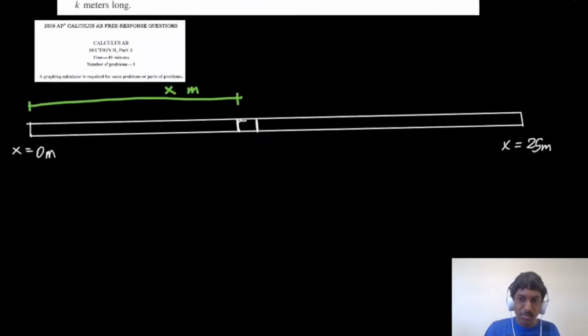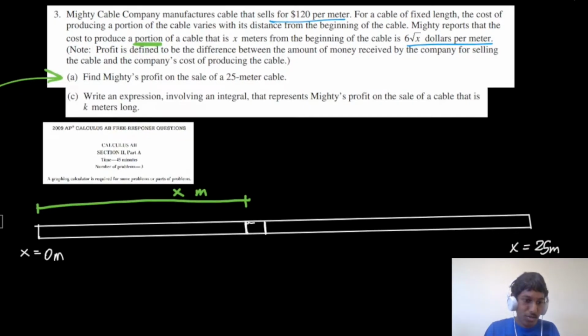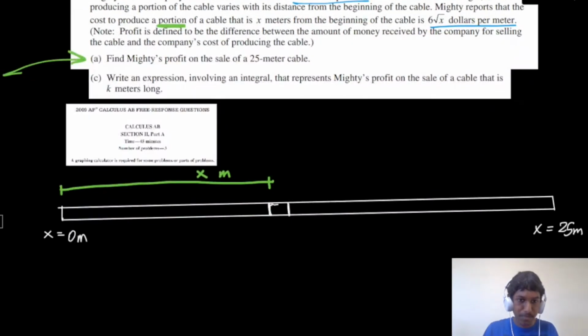And if it's 6 root x dollars per meter, you know that this function increases as a function of x from 0 to 25. And so you know that this portion will be less expensive than that one. And then that portion toward the end will be even more expensive, right? And so these are some good things to keep in mind before we mathematically formulate the answer to this problem.